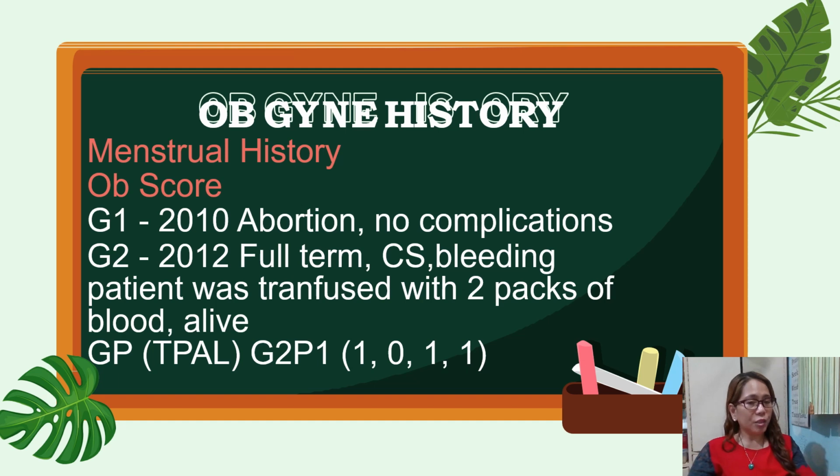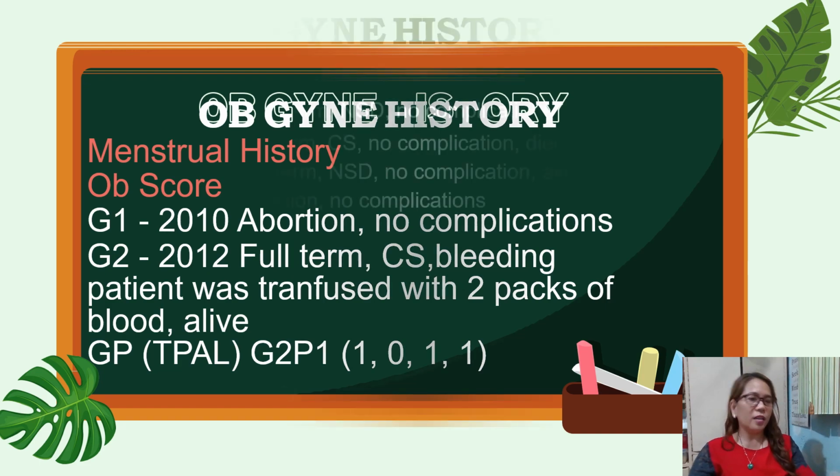Okay, term, yes, meron tayong isang full term. Preterm, wala tayong nabanggit na preterm diyan. Okay. A stands for abortion. So, meron kang isang abortion. So, meron kang 1. And then, alive naman yung second pregnancy. So, meron kang 1. So, yung score mo is 1, 0, 1, 1.